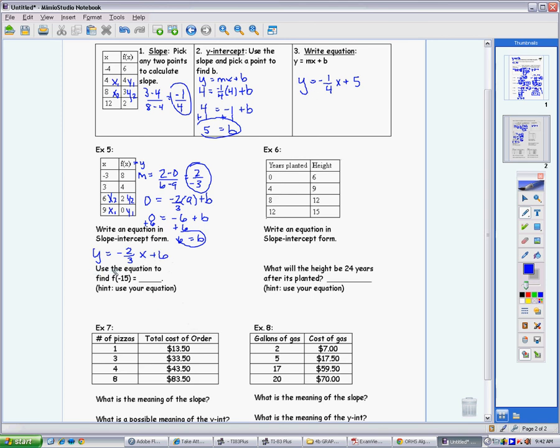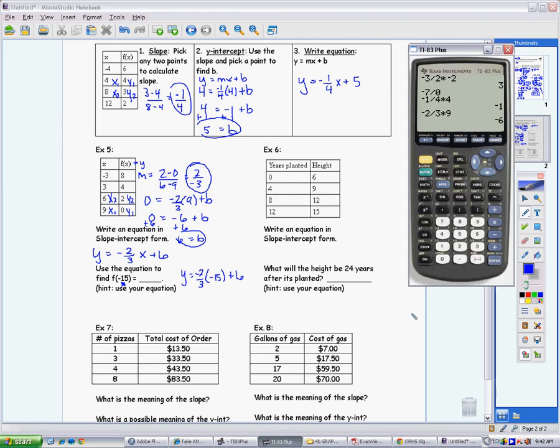Alright, so now it says use the equation to find f of negative 15. So we're making a prediction about this equation. Well, if you'll remember, f of negative 15 in function notation, that negative 15 represents our x. So we can use our equation, and we're going to plug in negative 15 for our x value plus 6, and we're going to evaluate what the y value is.